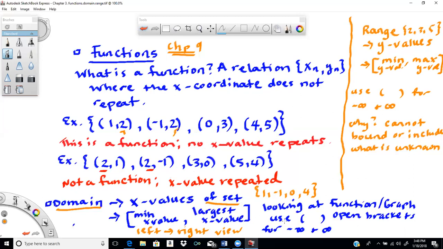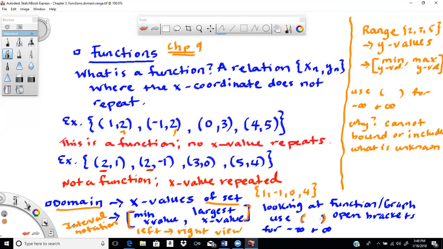Now when you're dealing with a function, the equation, or the graph, then when we find the domain, we have an infinite number of points. So we write it in interval notation. In interval notation, we have the closed bracket, and then the open brackets.